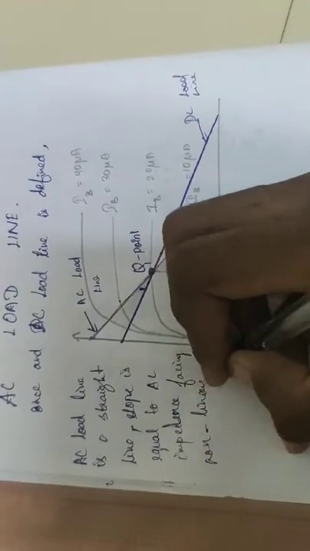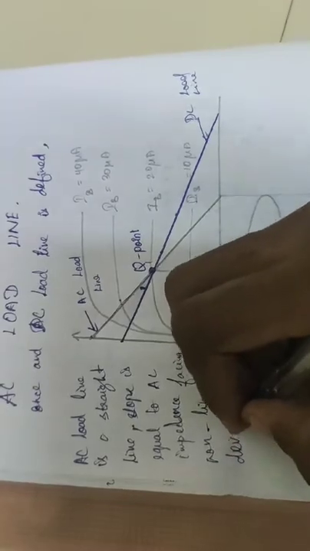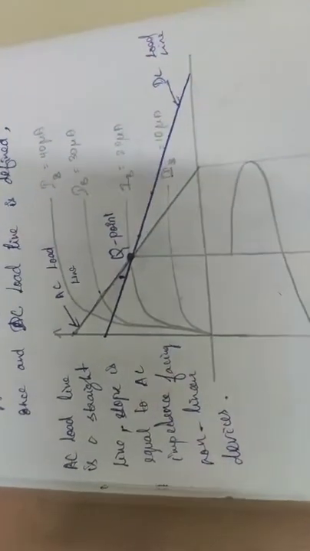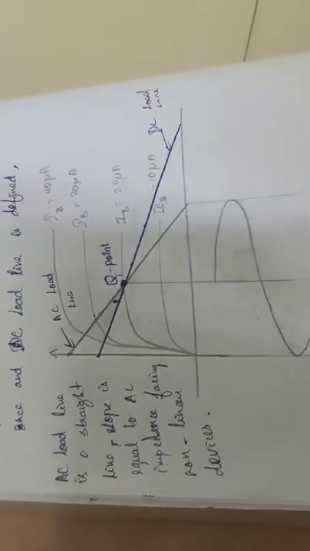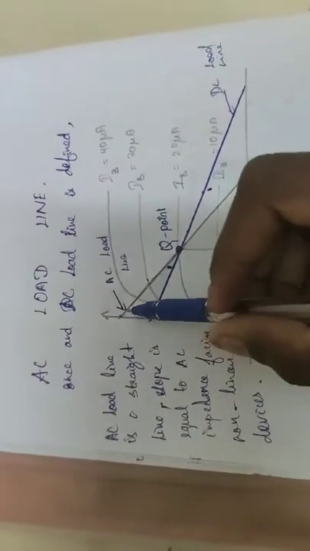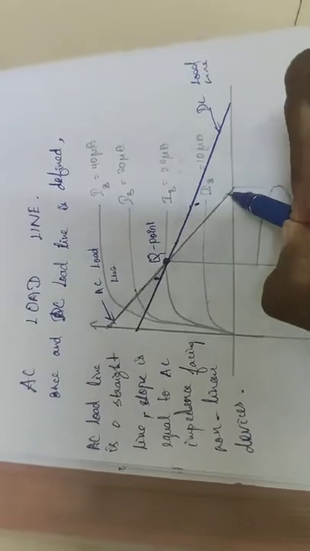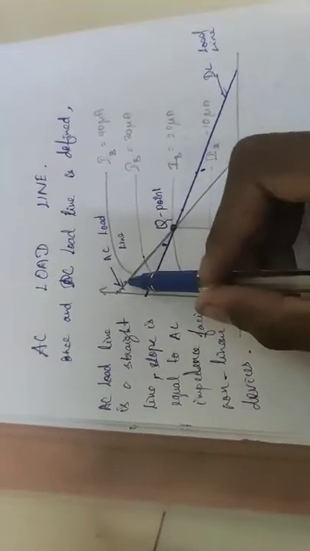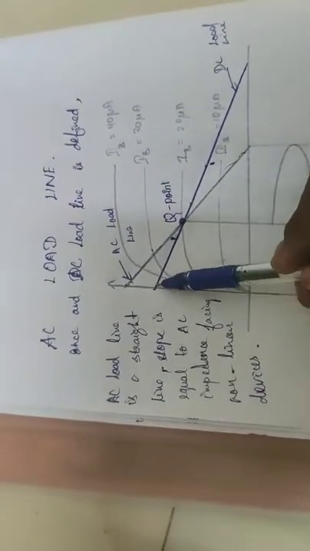facing non-linear devices mostly, which is generally different from a DC load line. We can see in this diagram a specific line is drawn for the AC load line, and a different line for the DC load line.